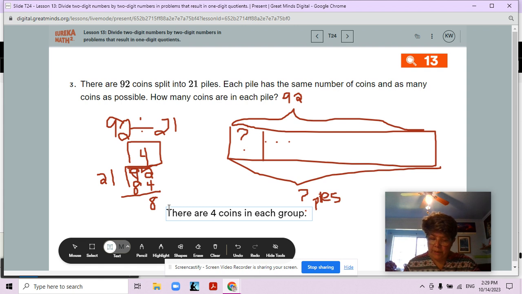Okay, but in problem 2, divisor 21 represented the size of the group, and we had to see how many 21s, right? Each bus could hold 21, so there was 21 in each, but now we have 21 piles, right? So that's how division can be different. We can talk about how many groups and how many are in each group, or how many are in each group and then how many groups.